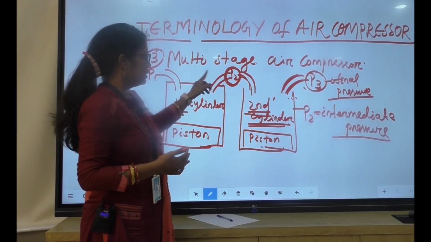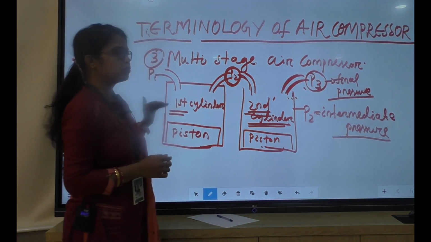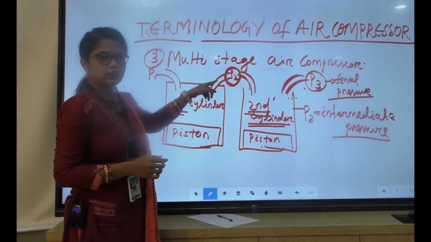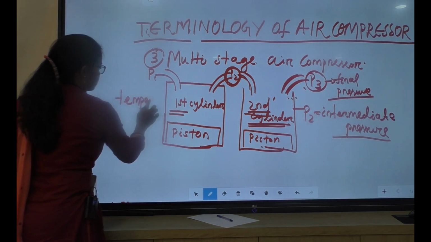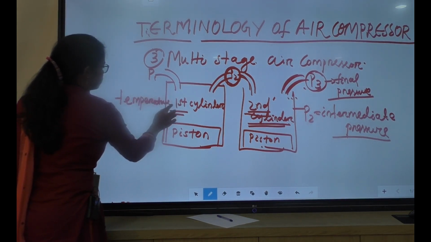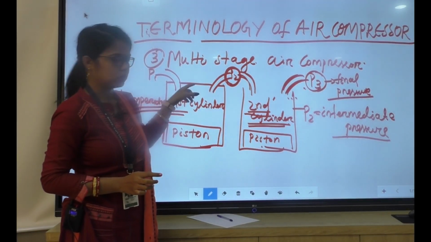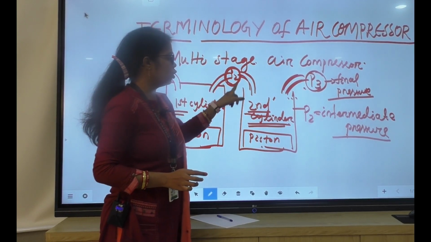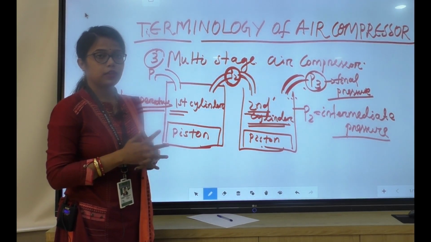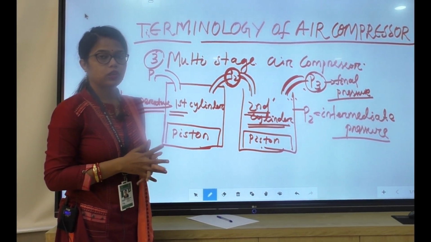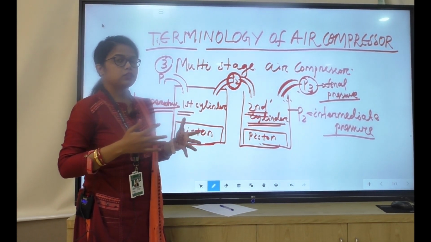Now what actually happens when the compression process occurs: pressure increases as well as another quantity increases, that is temperature. When the temperature of air increases along with pressure, it should be cooled before entering the second cylinder, because air at high temperature is not desirable in an air compressor, as that will generate heat.